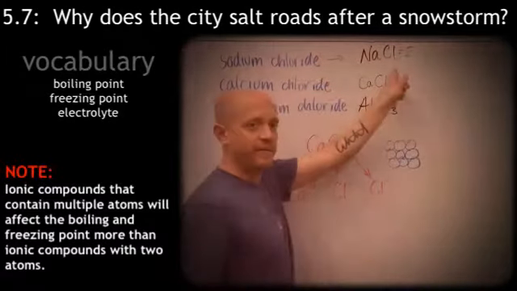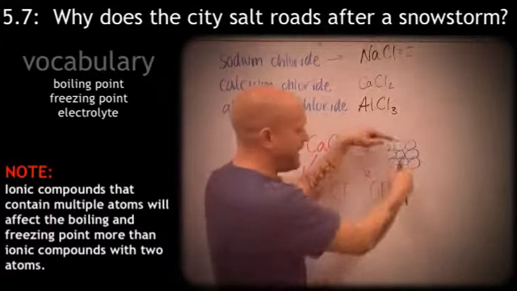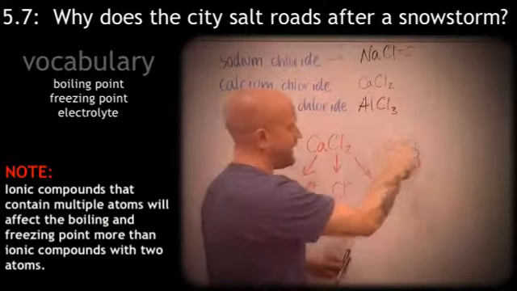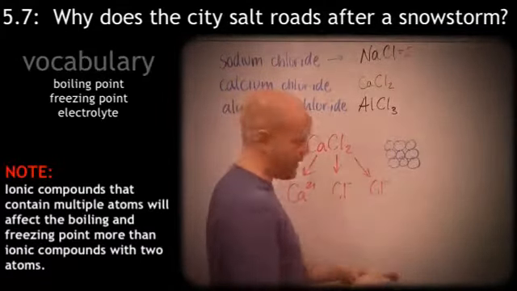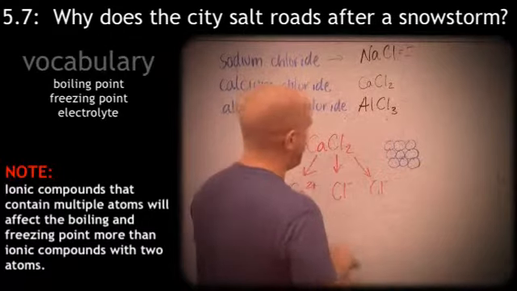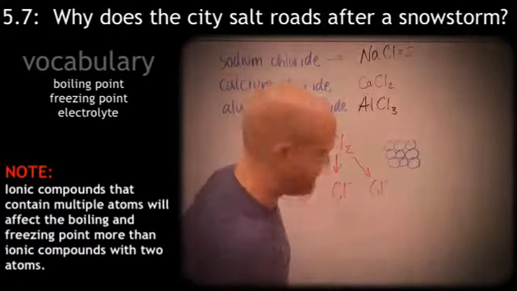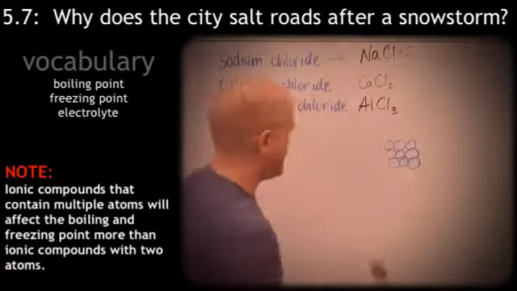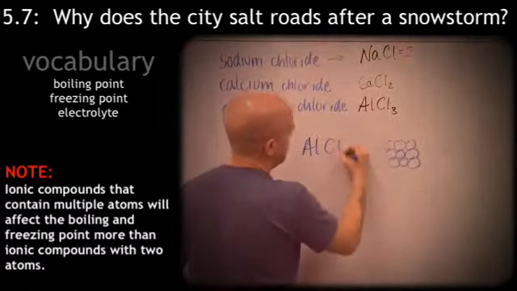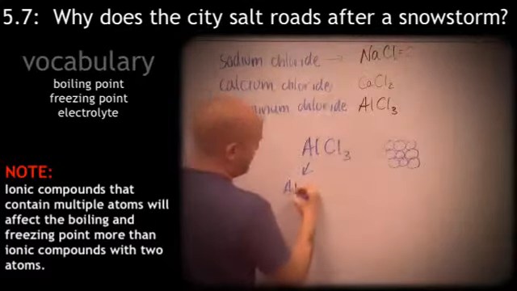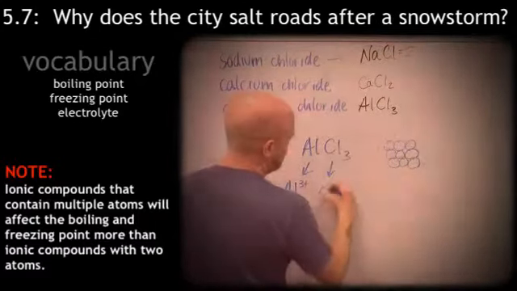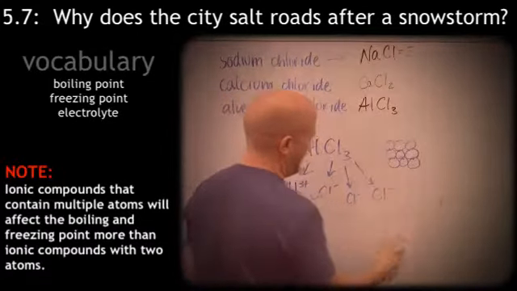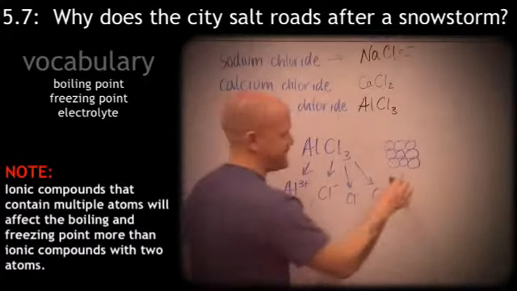Instead of sodium chloride, which was 2 and would only break it up a little bit, calcium chloride is going to break it up even more. And finally, aluminum chloride: you're going to have Al3+, then Cl-, and again Cl-. That is 4 different things to break this apart.